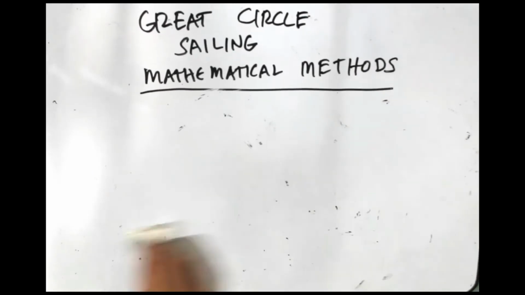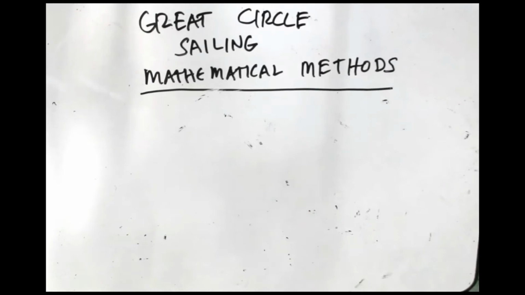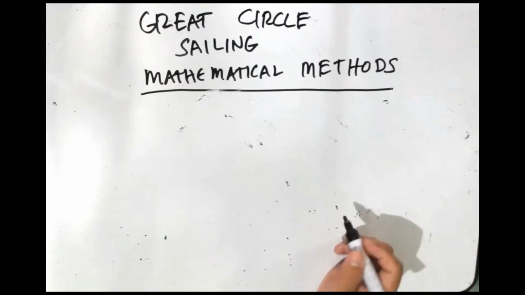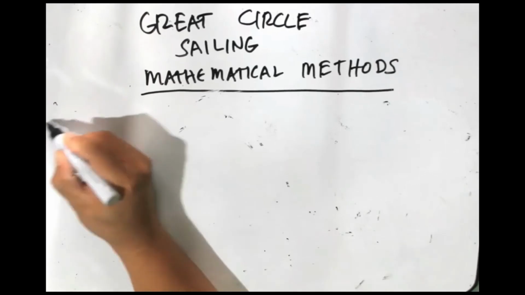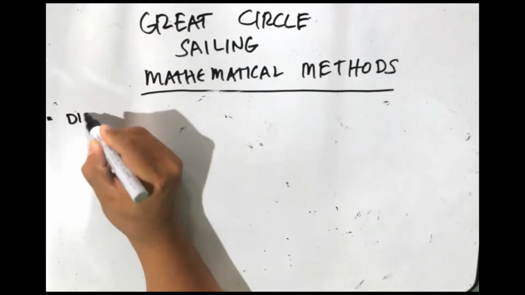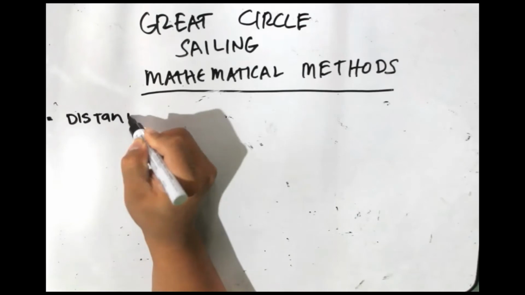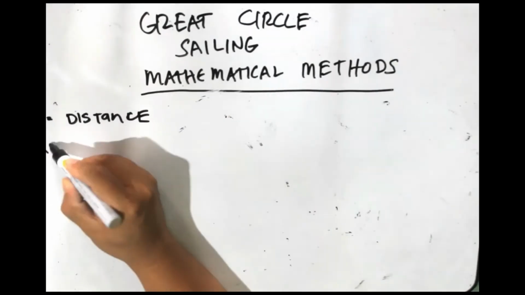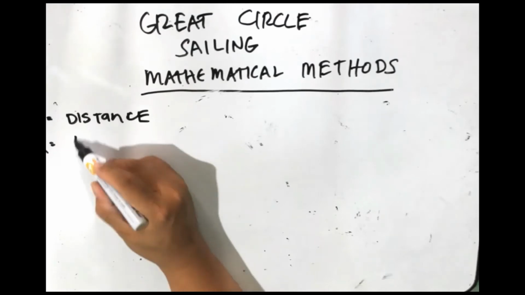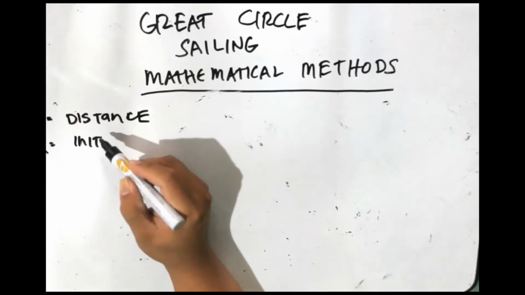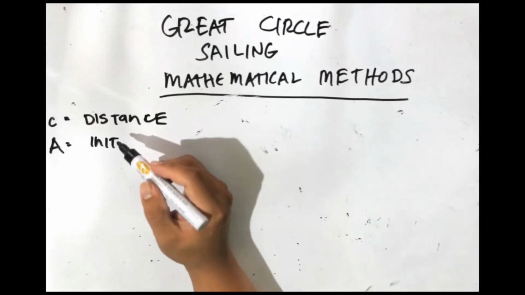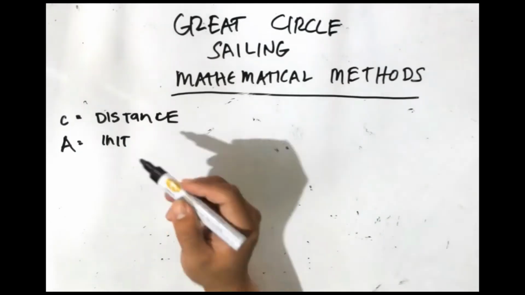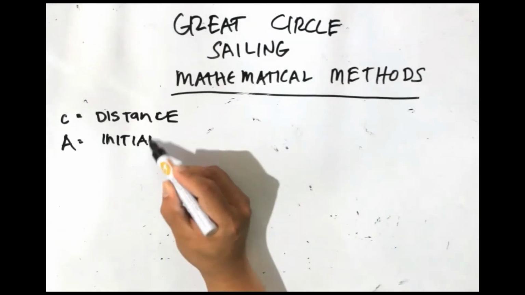So sabi ko kanina sa inyo, yung C, yung small c, balikan natin. Yung small c would be the distance. Okay? Yung distance ng ating great circle. And your capital A will be your initial course.